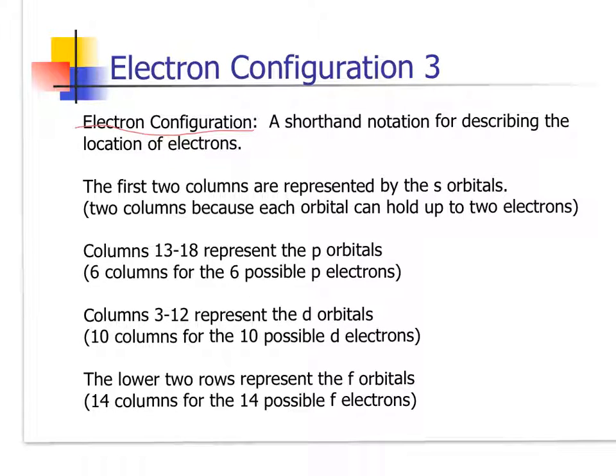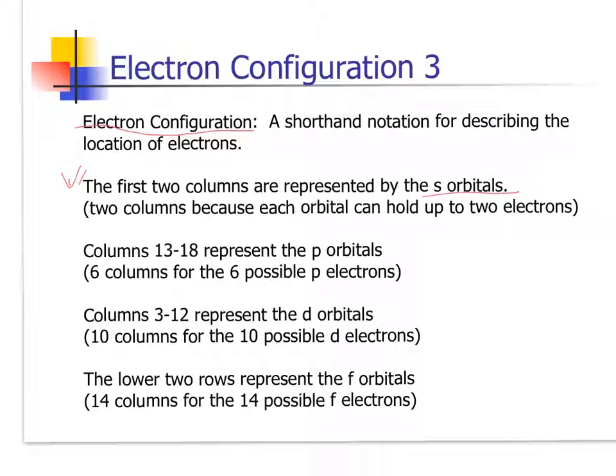The first 2 columns, that would be lithium and beryllium, groups 1 and 2 all the way down. That's the S block, so they're s orbitals. They might have others as well, but that's what they start with.